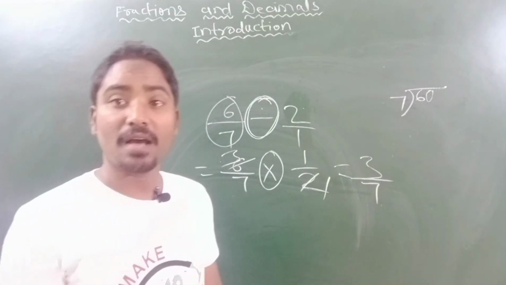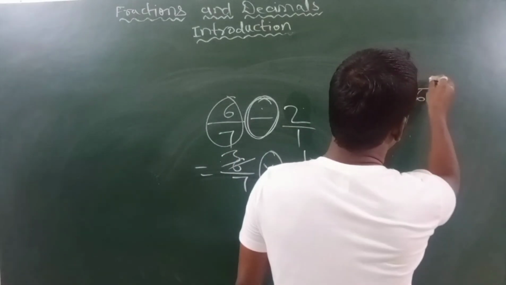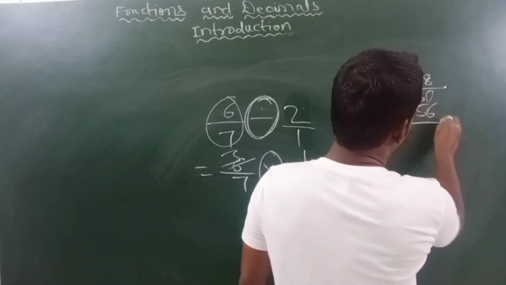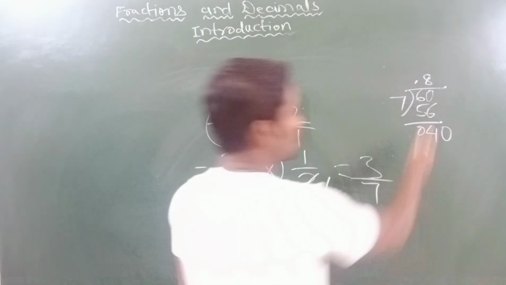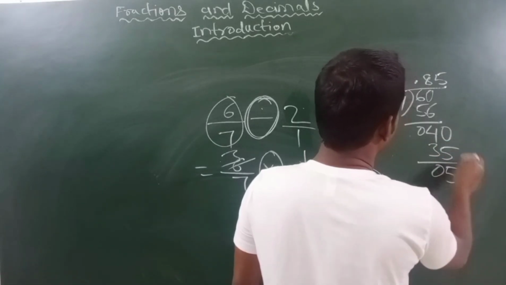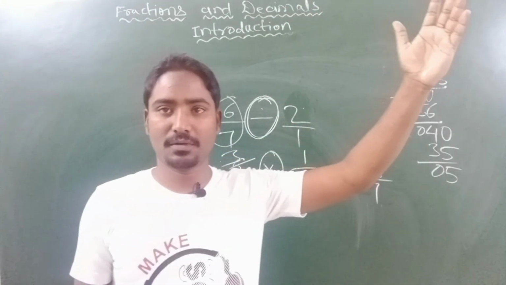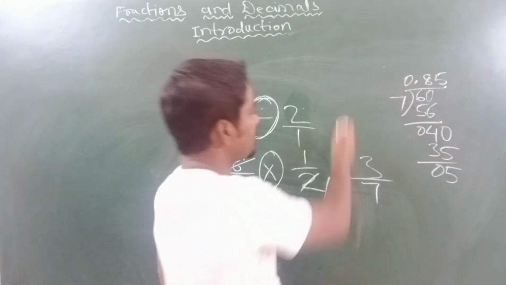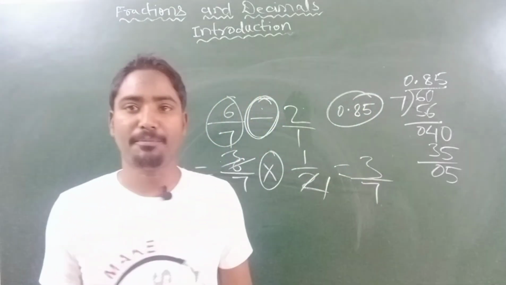Then 7 7s are 49, then 7 8s are 56, so we write 8 here, then 4, then again we put a 0 here, then 5 times, then 35 we write here, then we get 5 here, so this process continues. So this 0.85 is nothing but a decimal number.